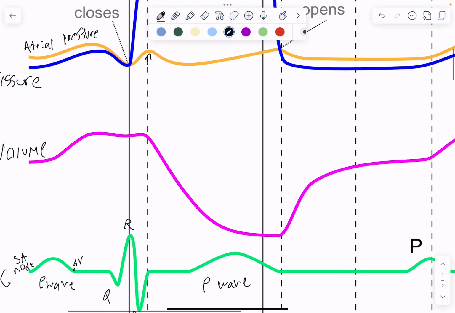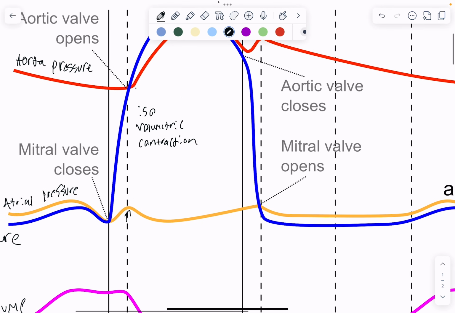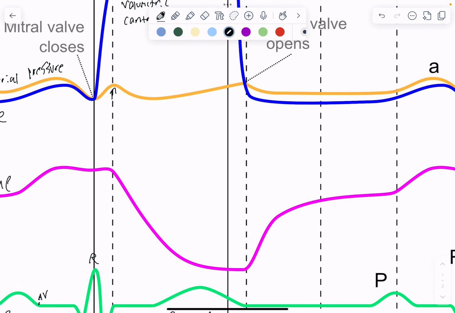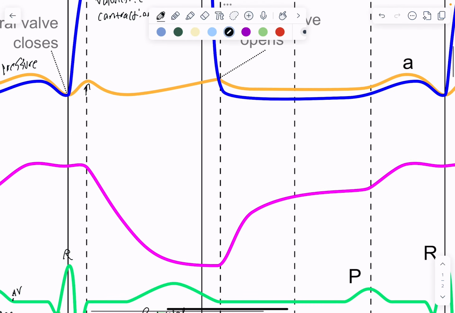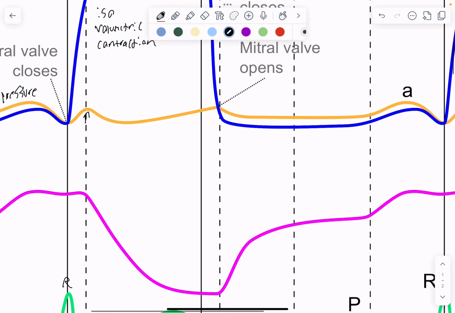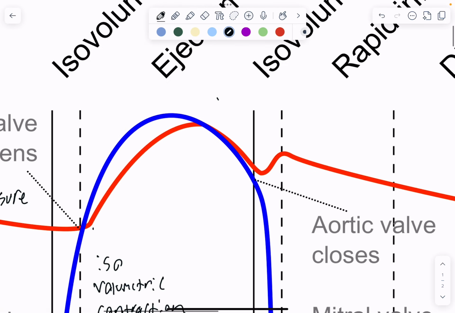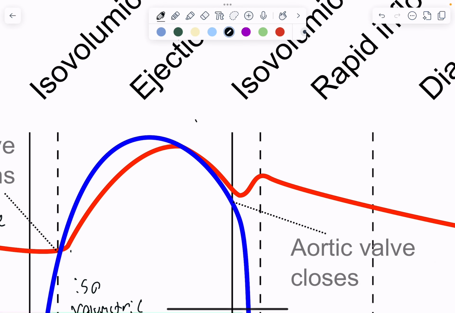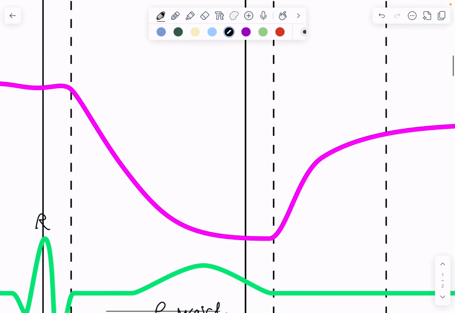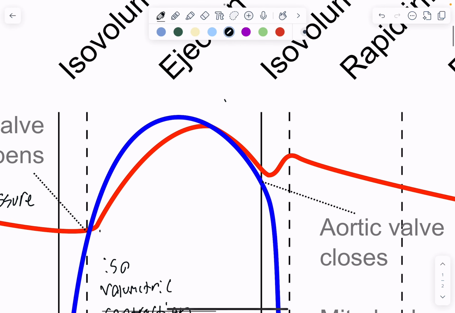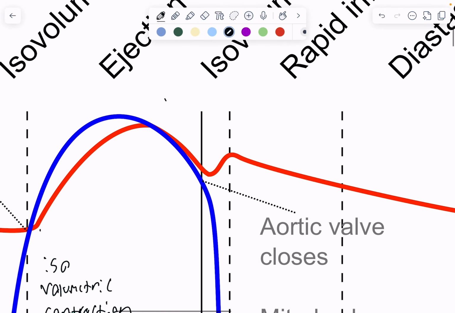Whenever you look at the volume, whenever the aortic valve opens, you see a massive drop off in the ventricle volume up until a certain point. The pressure up here stays high, even though there's not as much blood. It's not the lack of blood causing the gradual dip, because the ventricles are still contracting, and that's why the pressure is still so high.